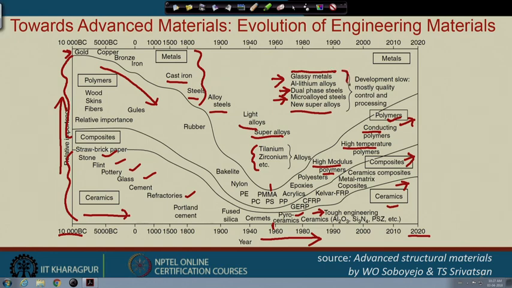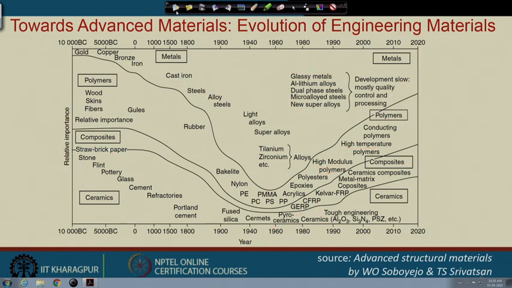Here the development is slow, but quality control and processing have been more focused on and research has been done in that way, even though the relative importance became a little less compared to polymer, ceramic and composites. Therefore, we can understand that during the years 2010 and 20, a huge effort has been given towards these advanced alloys.